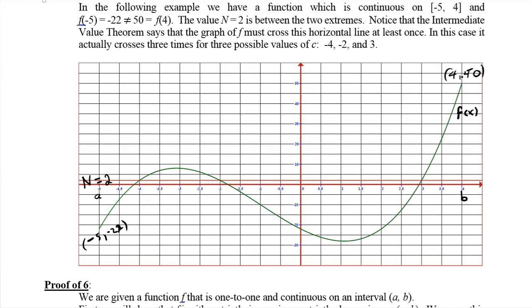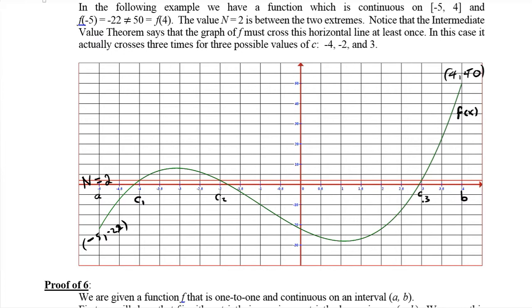Now, if it was not continuous, there could be a break and it might skip over that line. But if that line is somewhere in between, there's a value of c here, here, and here. There are 3 different values of c where this line crosses.